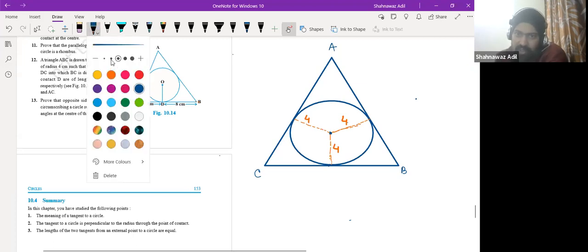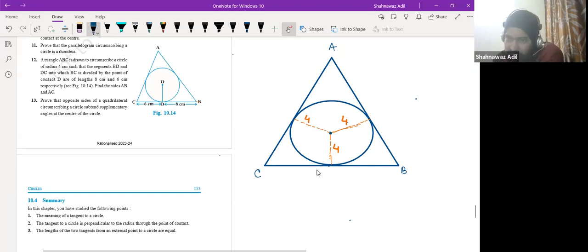We know that this is 8. So if this is 8, what would be this? Let's say this is E, and this is F. So B is an external point, and D and E are the tangent points. BD and BE are the tangents drawn from this external point.